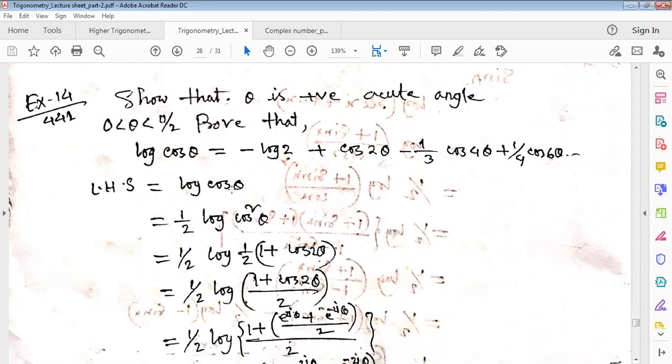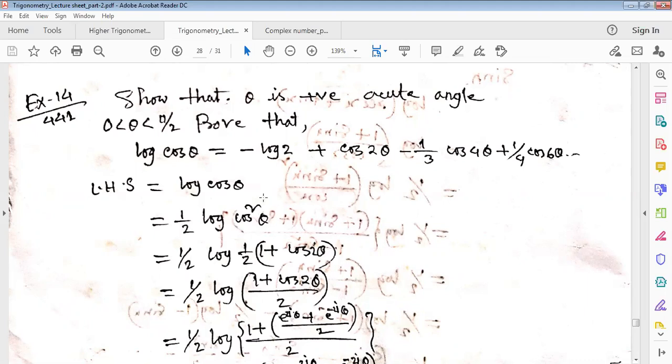Now the left hand side, log cos theta. First of all, we take log cos theta. Log cos theta can be written as half into log cos square theta. That means half log of cos square theta can be written as half log of 2 cos square theta divided by 2.